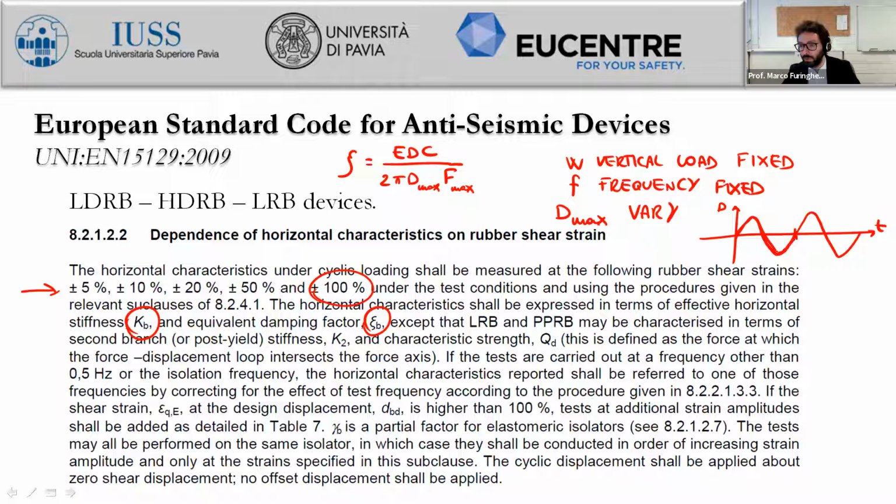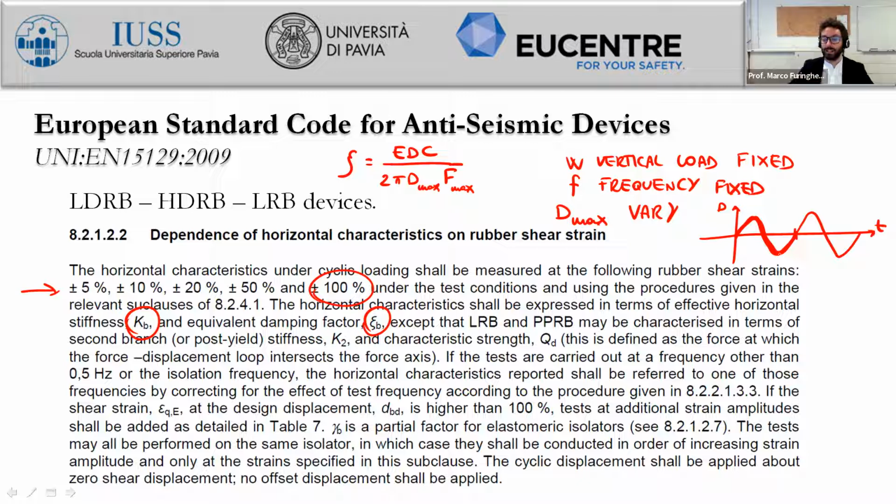So this automatically implies that you can compute EDC for all the cycles which have been applied to the device. And this is another issue which can be considered in the data processing, which is actually the dependence of the mechanical properties on the cyclic excitations.